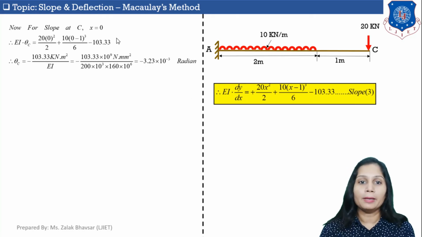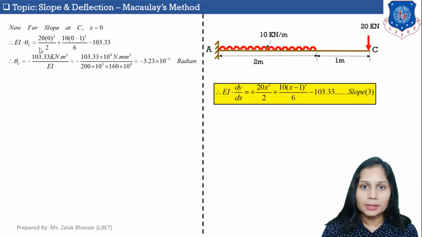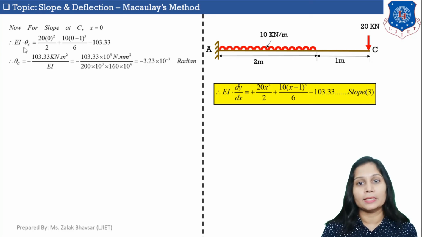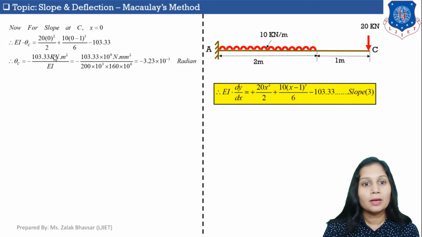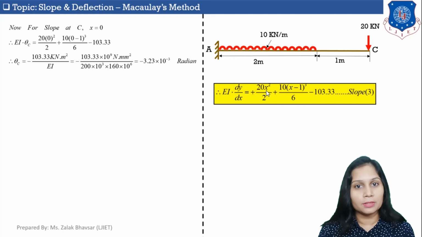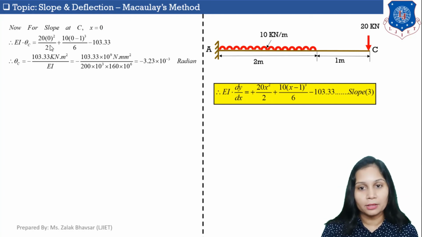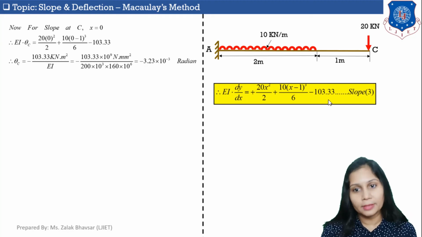By putting x is equal to 0, we will get EI into theta C, where theta C is slope at point C, is equal to 20 into 0 square by 2, plus 10 into (0 minus 1) cube by 6, minus 103.33.